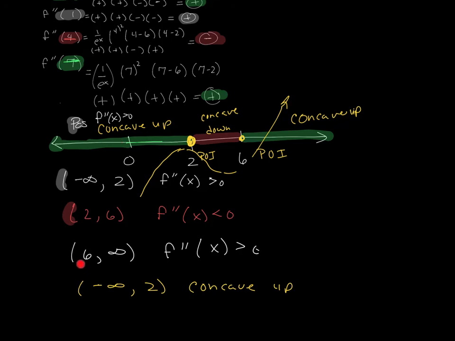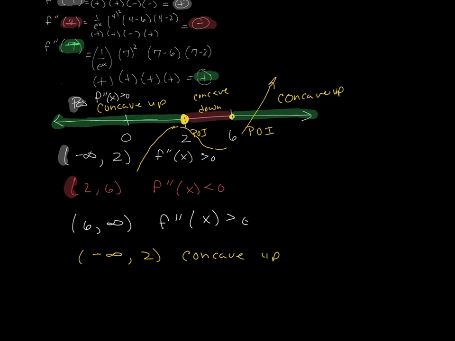The next interval I can talk about is the interval that goes from 2 to 6, and that's concave down. And I can add on this other interval. If you're going to union them, you would put both of them together with a union symbol, and that will go from 6 to positive infinity.